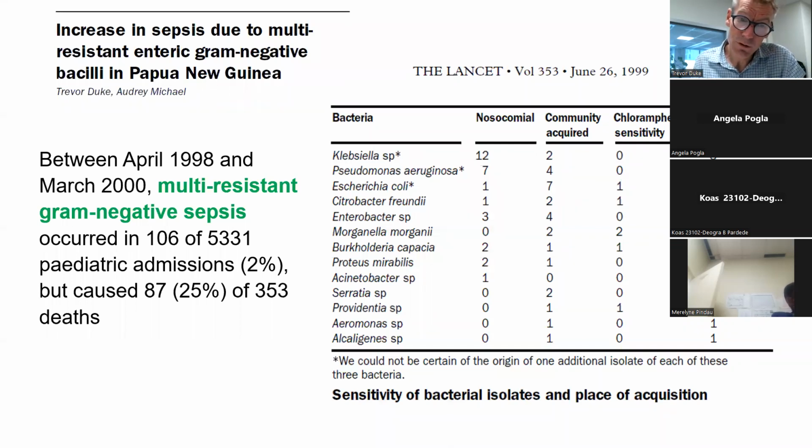And mostly they were in children with malnutrition or newborn babies that were born in the village, and there were unsterile deliveries, etc. And what worried me at the time was that even though these infections weren't very common among pediatric admissions, they caused a lot of the deaths. And that was because in those days we had very few antibiotics to treat these multi-resistant gram-negative infections. These infections have not diminished since then. If anything, they've grown, they've become more common.